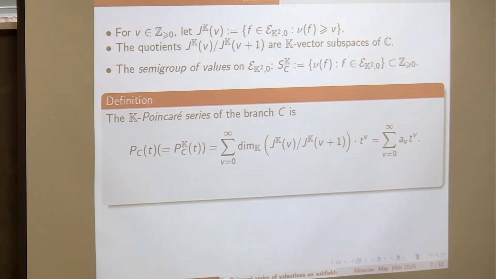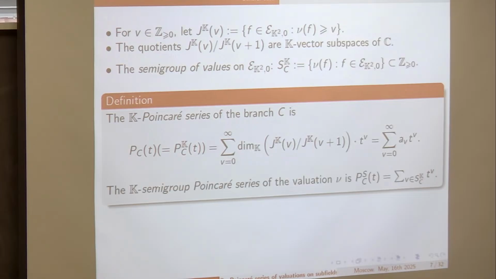This is only to take the values of functions with coefficients in k, and the Poincaré series, assuming that this is defined when these quotients are finite dimensional over k, you collect all dimensions and you have this series. I simplify this with b, t to the power b, and also of course you have this object, and you can define also the Poincaré series of the semigroup.